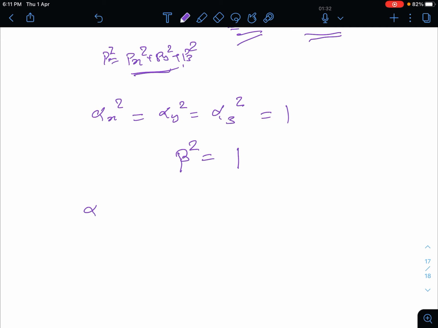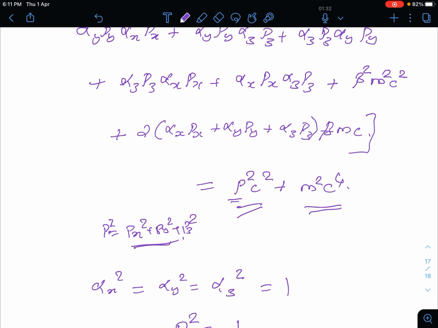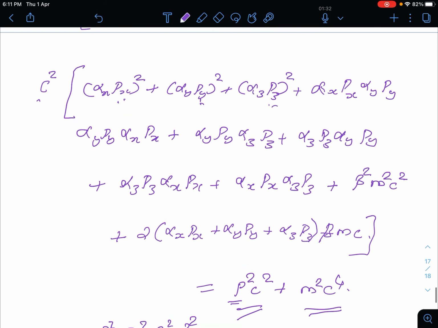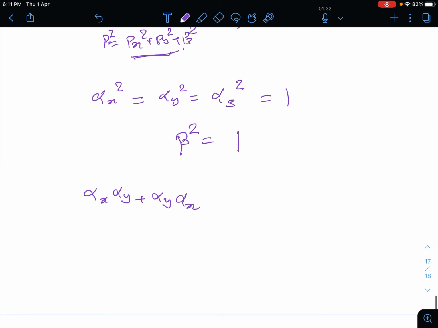That is alpha x alpha y plus alpha y alpha x, നമ്മൾ തിരിച്ചു മറിച്ചു എഴുതിയ സാധനങ്ങൾ, has to be 0, and alpha y alpha z plus alpha z alpha y has to be 0.